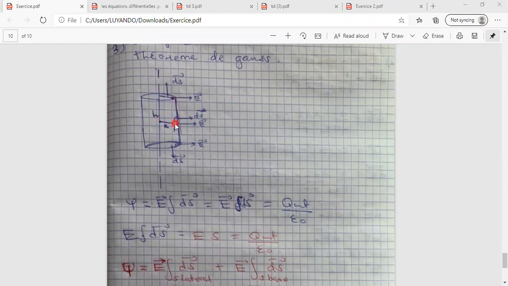If it's on the bars of the cylinder, we're going to have E moving in the outward direction. And our vector dS, our vector surface, is always perpendicular to the surface it's drawn from. So this is our surface, and our dS is always perpendicular to the surface.